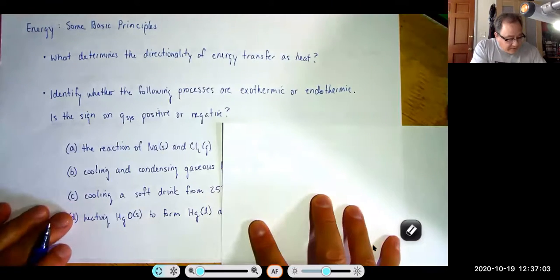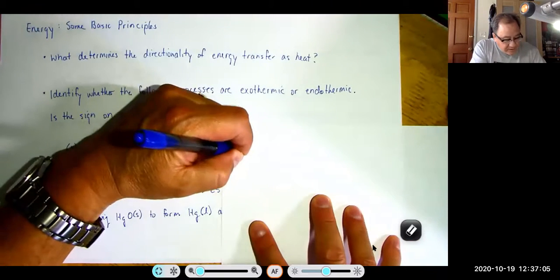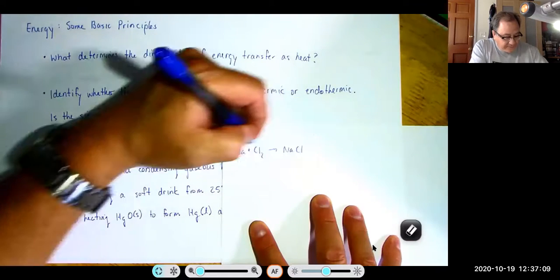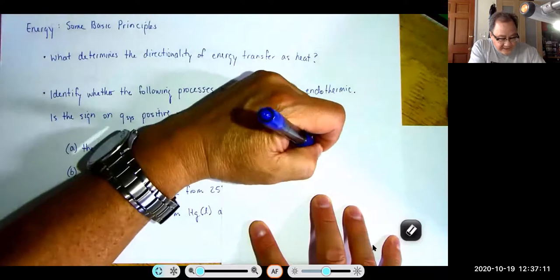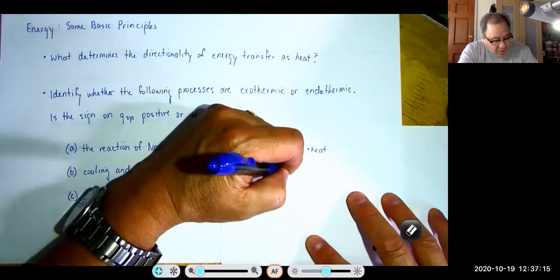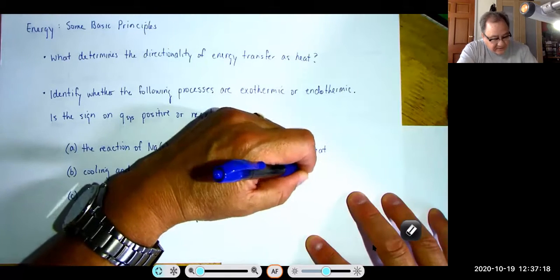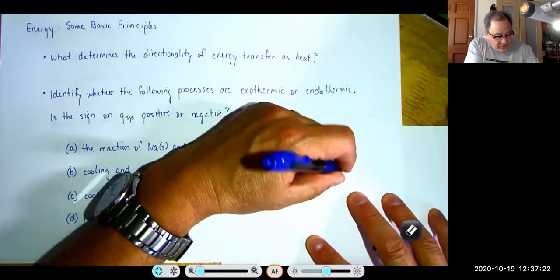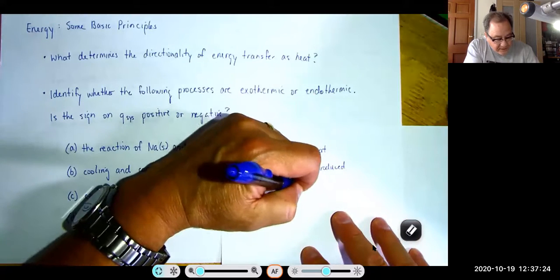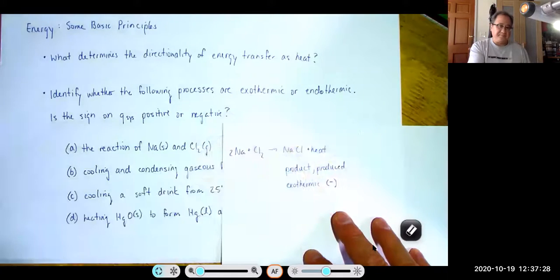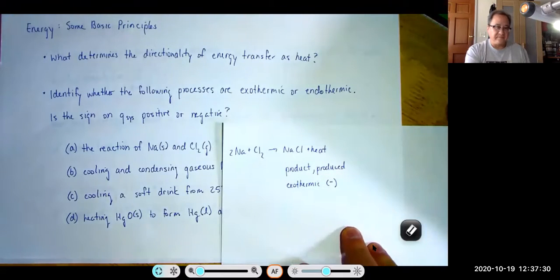So what's happening here is sodium plus chlorine is making sodium chloride plus heat. So here, since heat is a product, it's produced. And so this is exothermic, and it's negative.